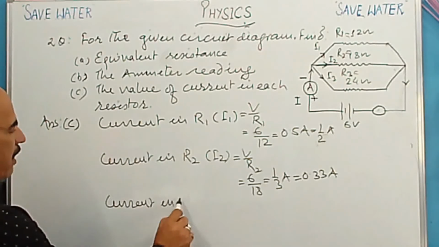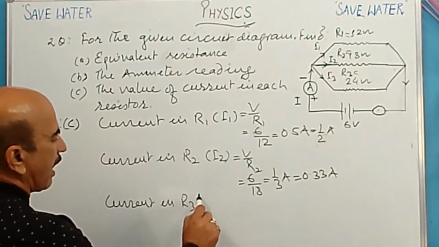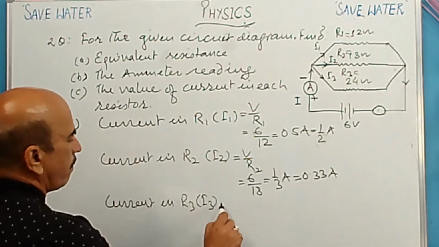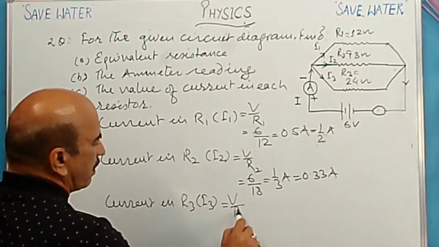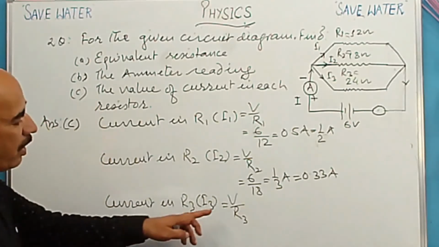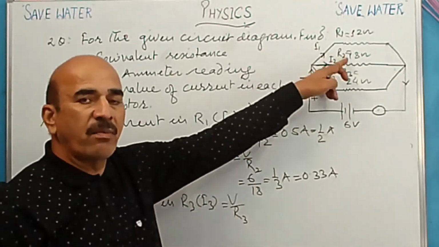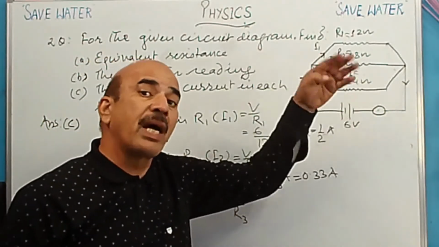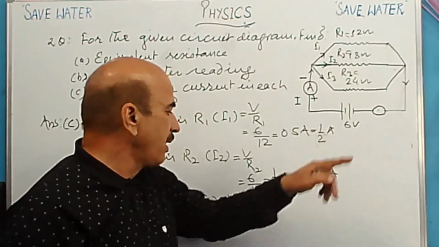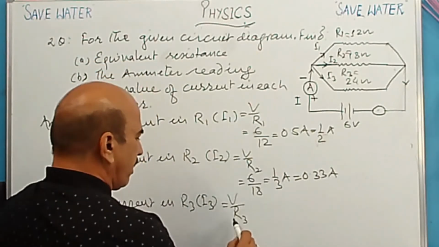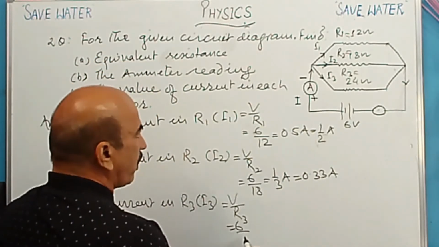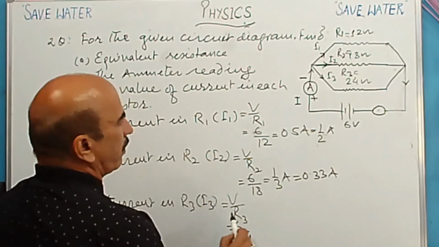Now current in I3, R3. This is I3 is equal to V upon R3. So now you can see V is same because it is parallel combination. So potential difference is equal to the applied potential difference. So V is same. So here again it is 6 upon 24.